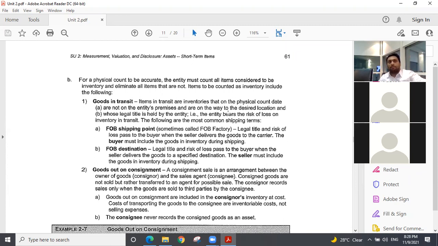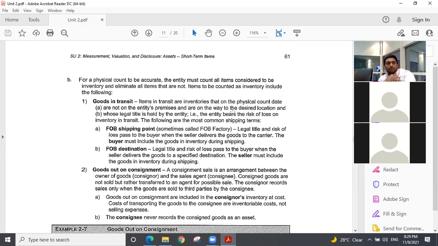From there, my freight forwarder takes the responsibility of the goods. So now I am going to record my purchase. If the goods are lost or damaged in the shipment, I am going to be responsible. I will lose my money.